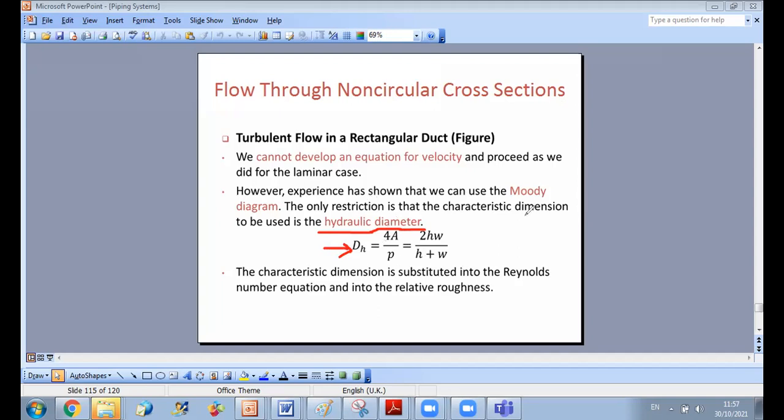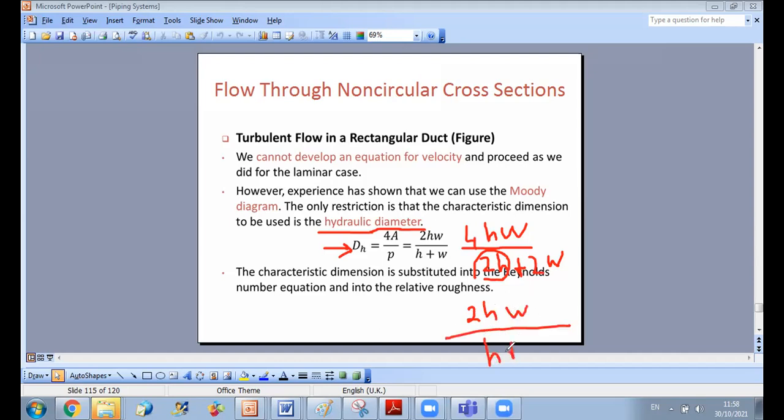In case of any rectangular duct, as we saw before, it is 4hw over 2h plus 2w. So in the general case, if h is not very small compared to w, I cannot simplify, I cannot remove this term. Then I just simplify by 2, and I find that the hydraulic diameter in this case is 2hw over h plus w.